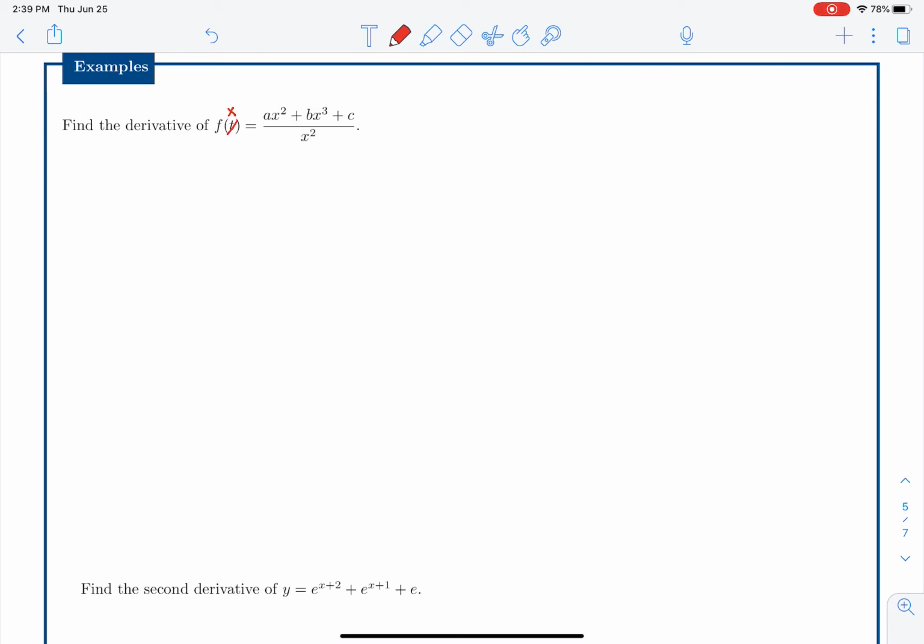So how do we do this problem? First thing to note, the independent variable is x, the dependent variable is f, so we are trying to find f prime of x.